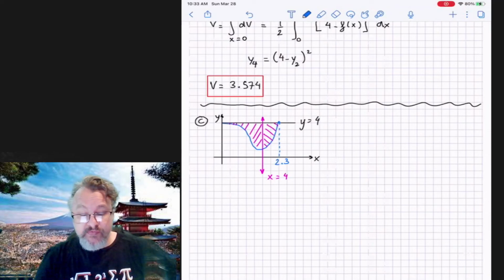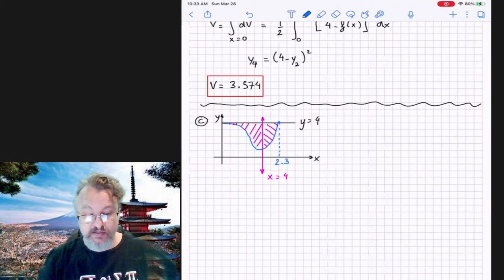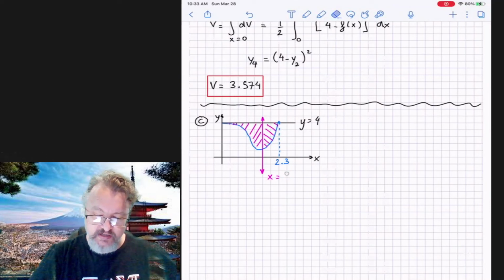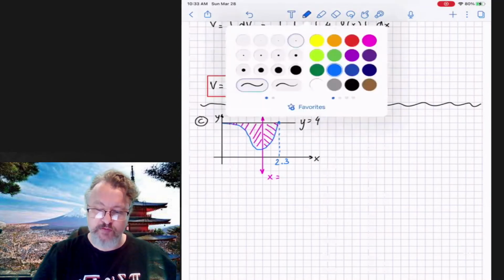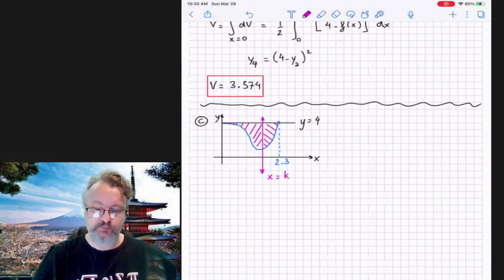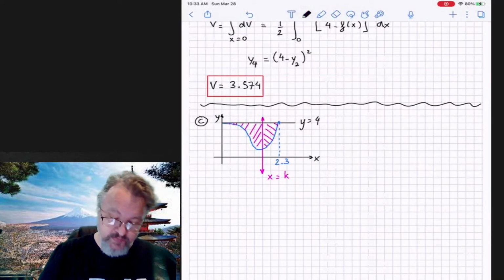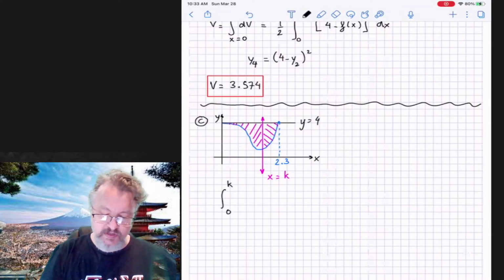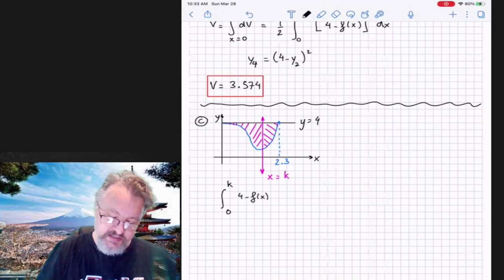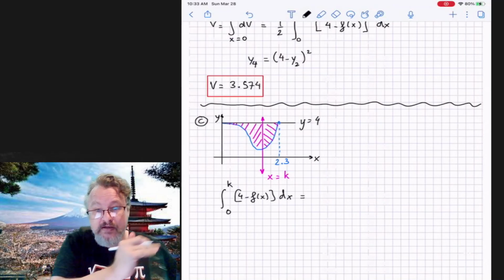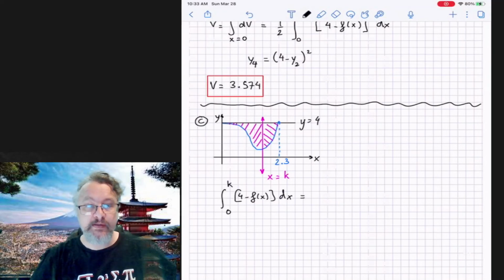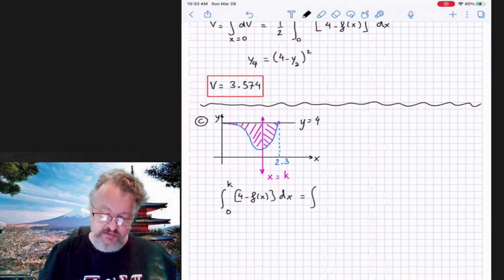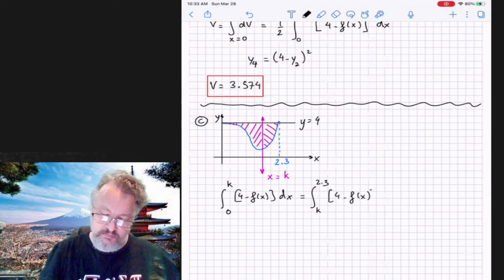So we have different ways of doing it. We could say that in order to find x equal, why did I write 4? It's k. My brain sometimes is weird. X equal k. Okay? So here's what we can do. We could say either the integral from 0 to k of 4 minus f of x dx, which represents the left side of the x equal k line, equals the integral from k to 2.3 of 4 minus f of x dx.